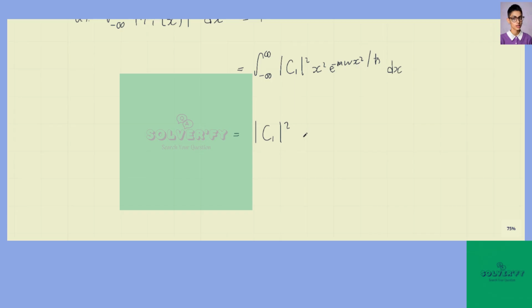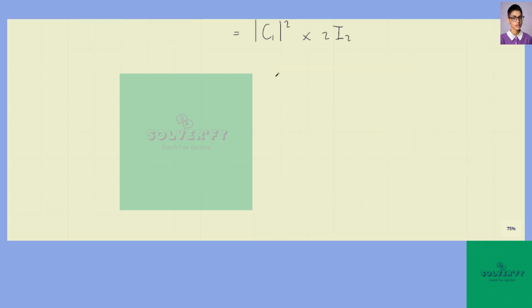the absolute value of c1 squared times 2 I2, and this is equal to c1 squared times 2 times 1 over 4 times the square root of pi over lambda cubed. And lambda here is equal to m omega over h bar.